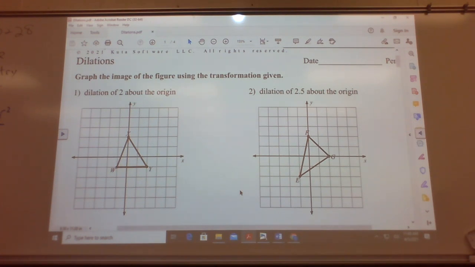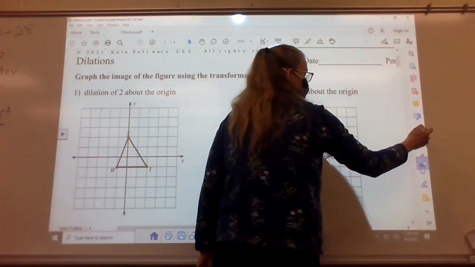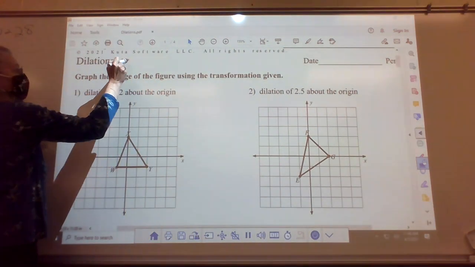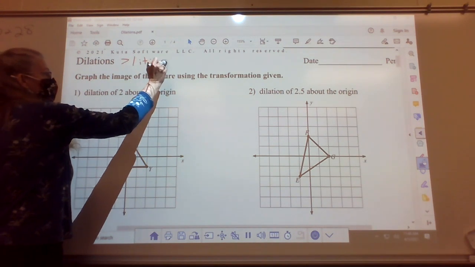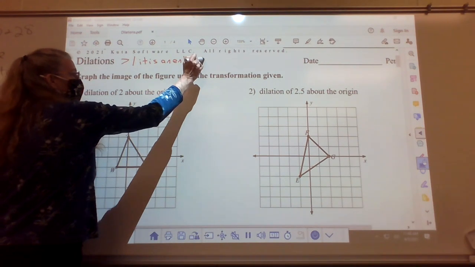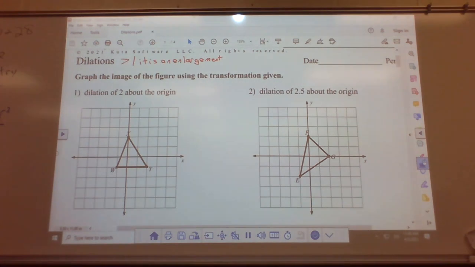When you have a dilation, they're going to give you a dilation factor. If this number is greater than 1, it is an enlargement, which means it's going to be getting bigger.